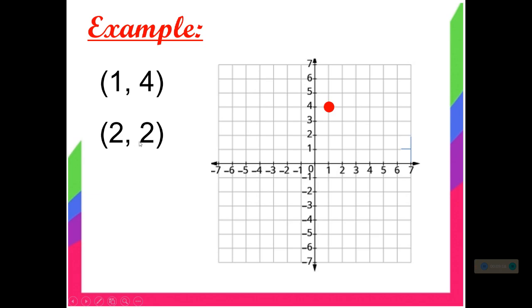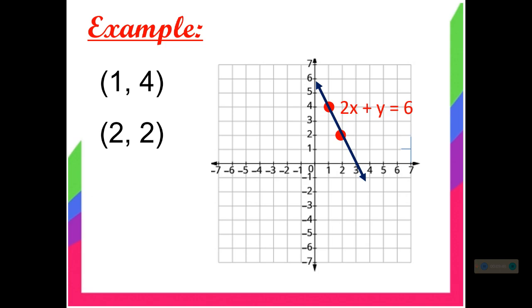And then we have here (2, 2), both positive also, so on the first quadrant also, our x is 2, our y is 2. And then as you have plotted the 2 points, you are going to connect the 2 points. And this will be already the graph of 2x plus y equals 6, which is our topic for this day. Question in the first example?